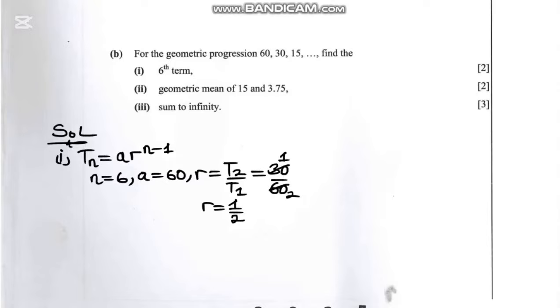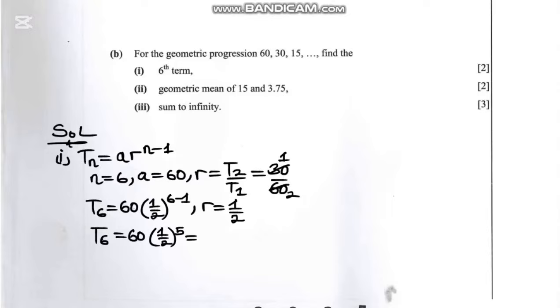Working with this information, T subscript 6 is going to equal a, that is 60, times r, which is 1 over 2, all to the power 6 minus 1. Now 6 minus 1 is 5. So T6 is going to equal 60 multiplied by 1 over 2 to the power 5.